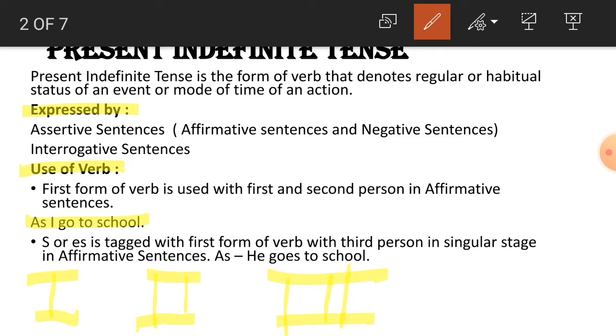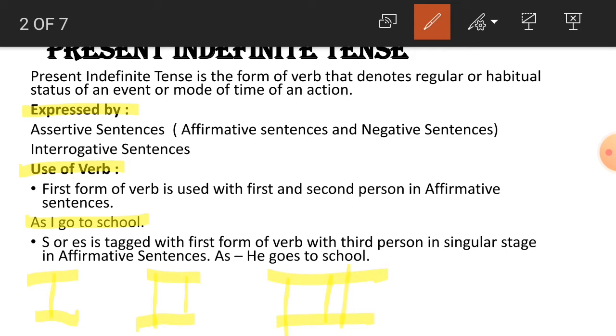As I told you, when the subject of a sentence is first and second person, we can use the first form of verb. But students, keep in your mind, I have denoted at the last of these rules about third person in plural stage.